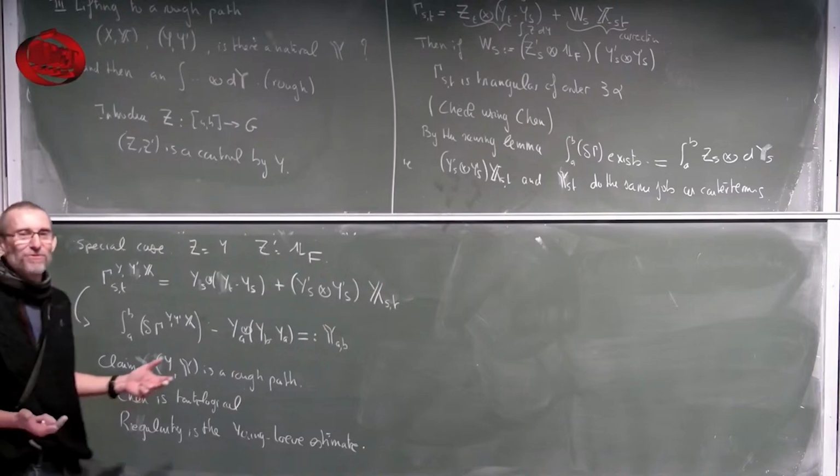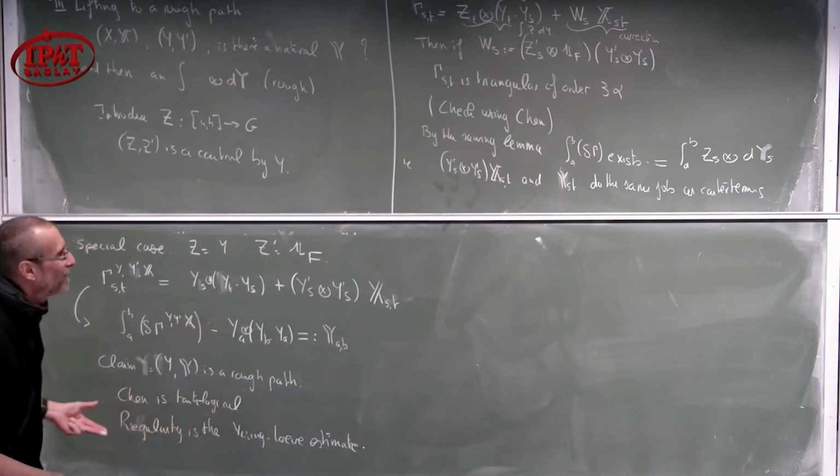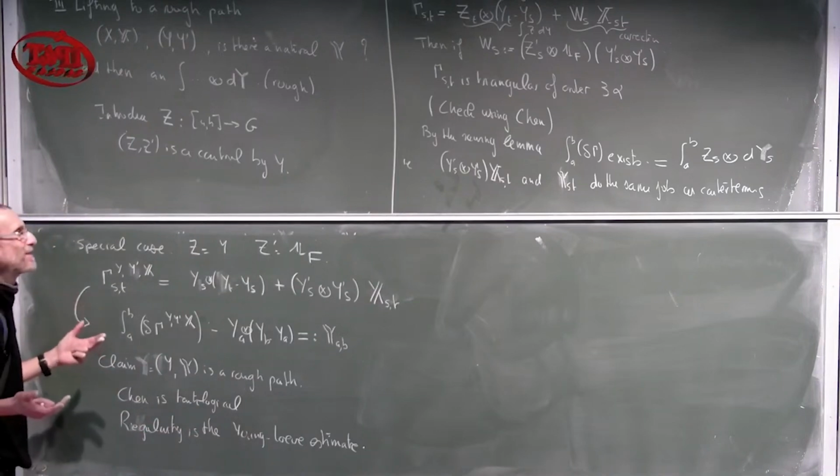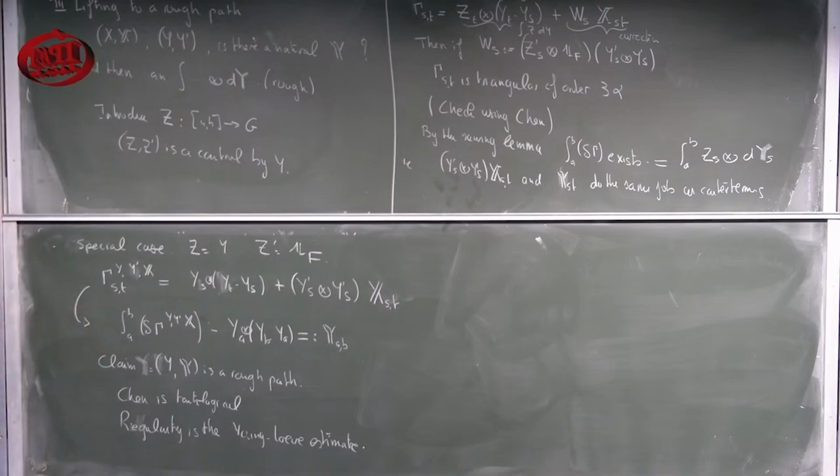I don't have time to do it and even to write it down. It's essentially what you would expect, plus some corrections which look a little bit like what you see in stochastic calculus. So there are corrections, but it's just easy. If you work blindly without making the estimates to show that you are right, you can do things blindly, and well, it's easy. And then the proofs are not very difficult.